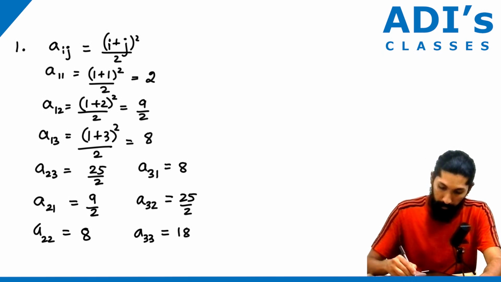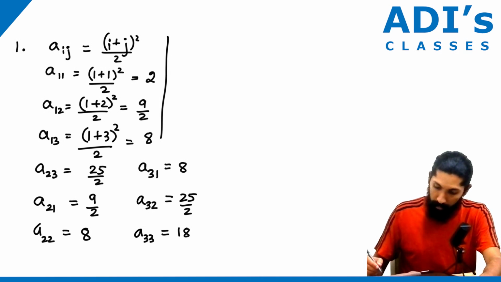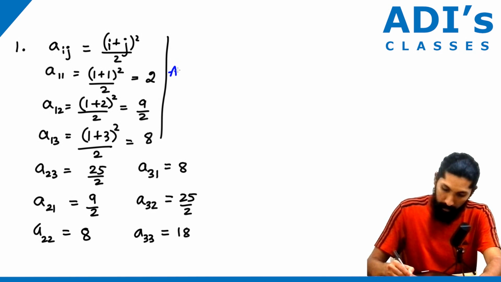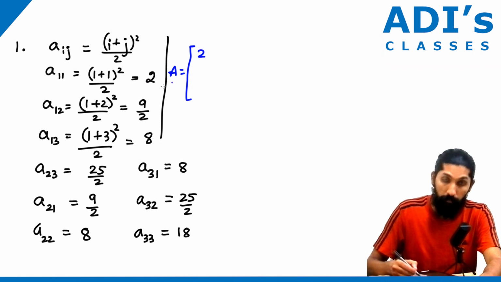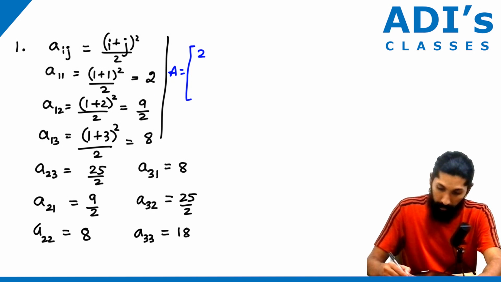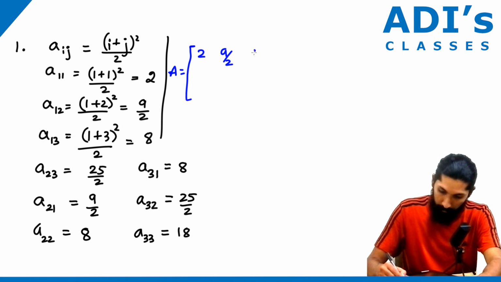Let's look at this one. Let me just write the matrix here itself. First, matrix A is equal to: the first one is 2, first row, first column. Second one, 9 by 2. Third one, 8. So you're going to have a 3 cross 3 matrix like this.